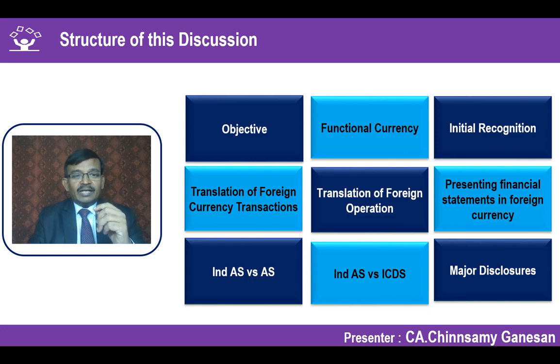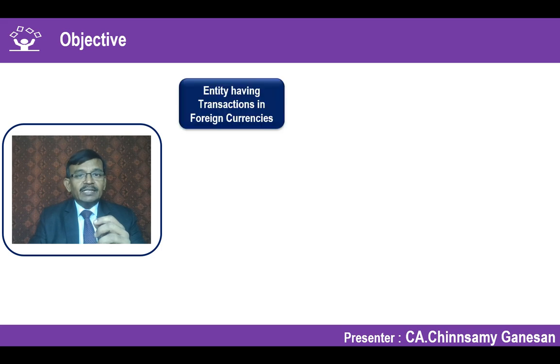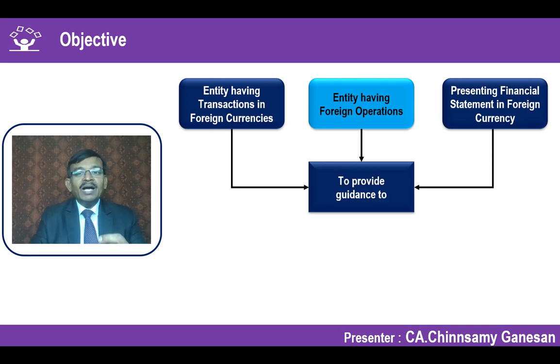With this, let us move on to the objective of this particular standard. As I have said, if an entity has a transaction in foreign currency, or the entity has investment in foreign operations, or the entity wants to present a financial statement which was denominated in a foreign currency into a different currency, how to do that? The guidance is available as per Ind AS 21.